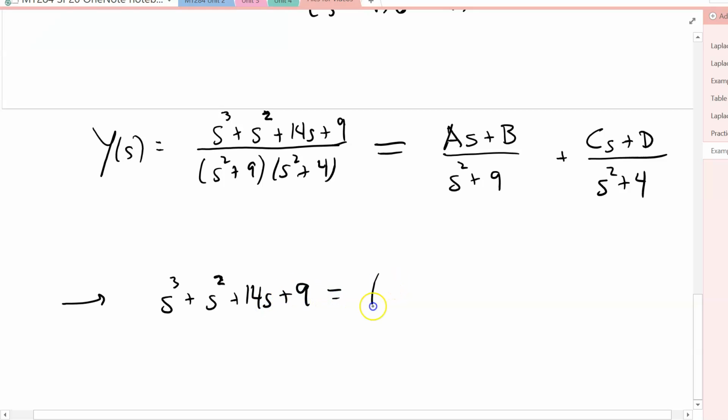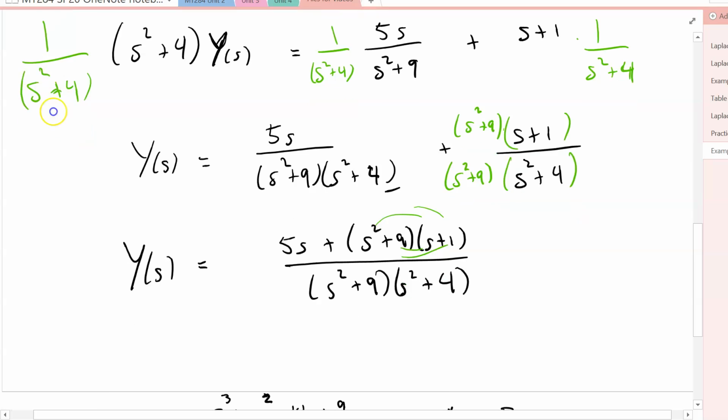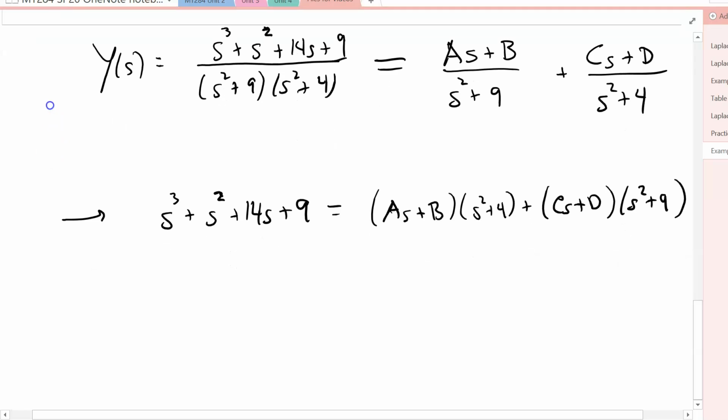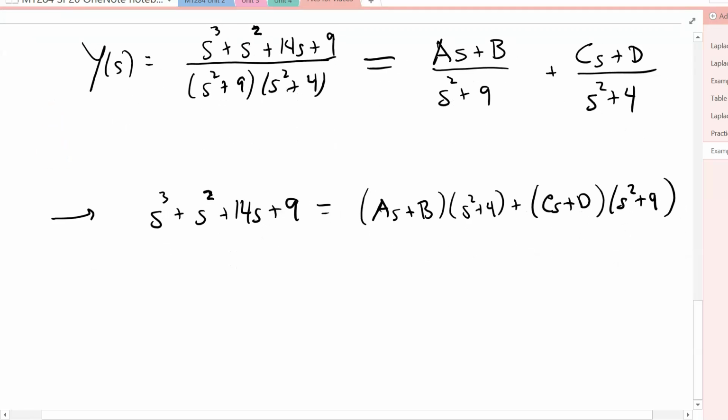On the other side, whoops, I jumped ahead a little bit there, sorry. That numerator, As plus B, the s squared plus 9 will cancel when we multiply by the LCD. We'll be left with s squared plus 4, and vice versa, we'll be left with an s squared plus 9 factor here.